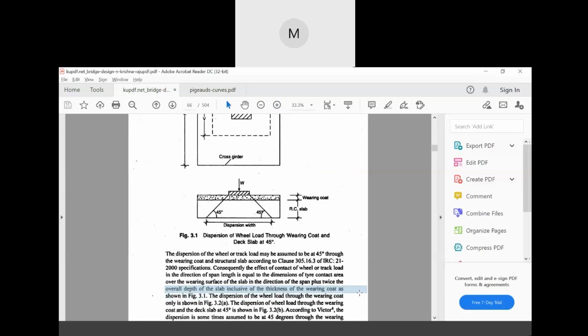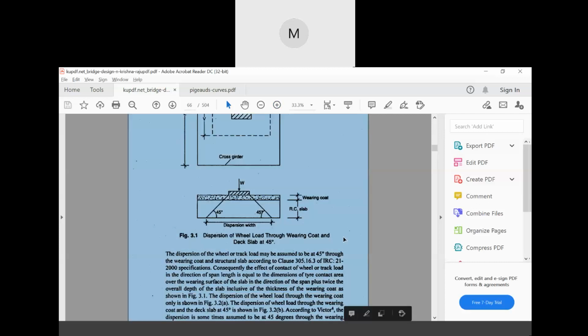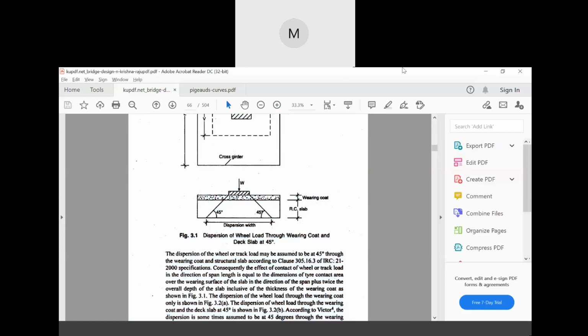Overall depth of the slab for the first case, through wearing coat only, means what? The wearing coat depth is how much? The wearing coat depth is 80 mm, right? See the question.